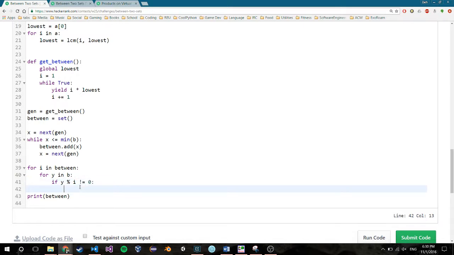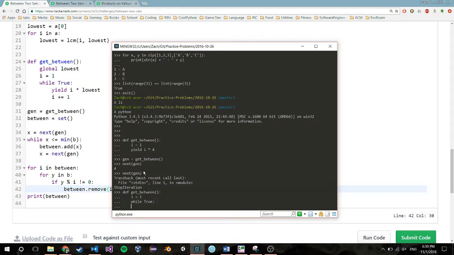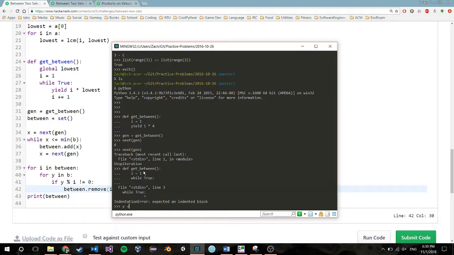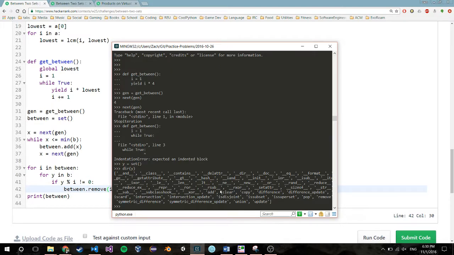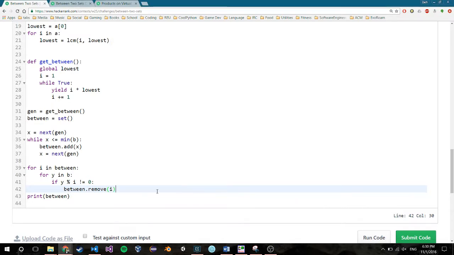If it's not, then we'll do between dot remove. I think it's removed. Yeah.